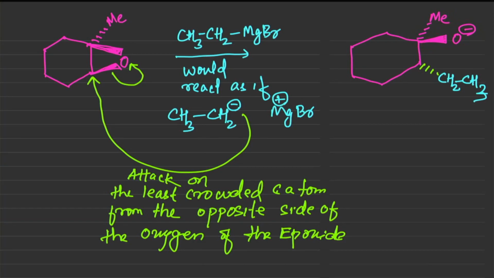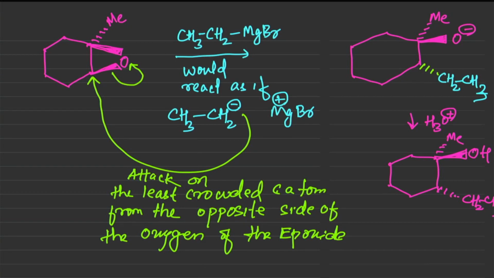And the last thing we will be doing here is neutralize it, H3O plus. So again, this is going to be methyl. Now O negative becomes OH. And here it becomes CH2CH3. All right, so that's the answer.